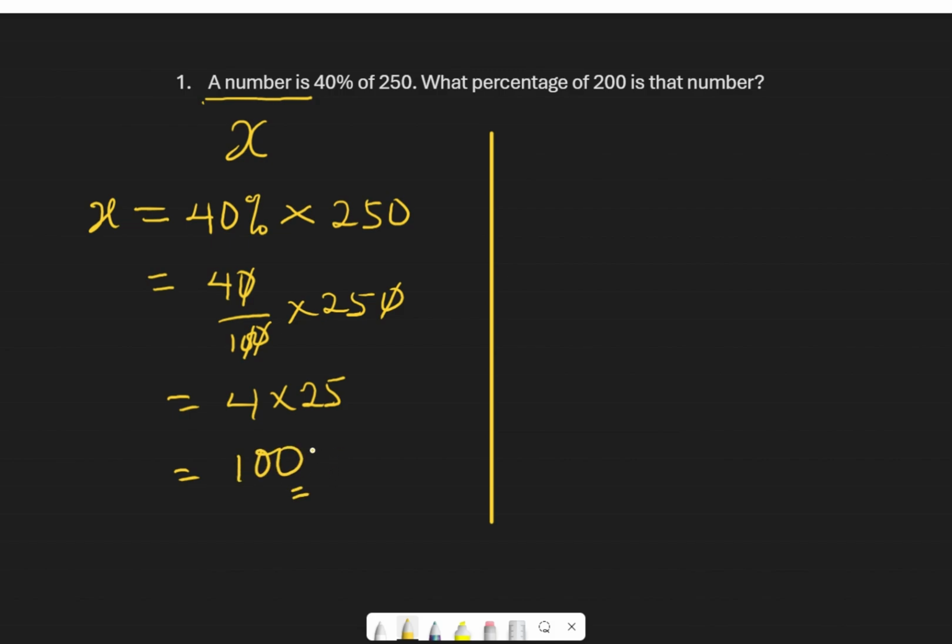It means the x, which is the number, is 100. So we've gotten 100 to be the number.